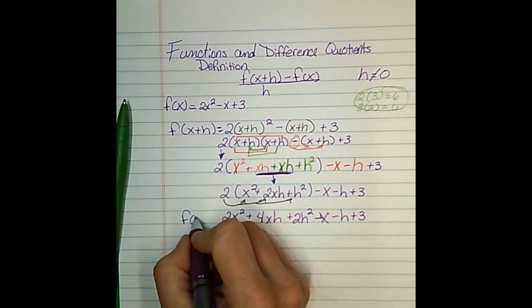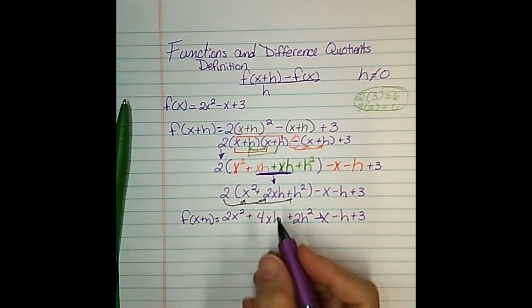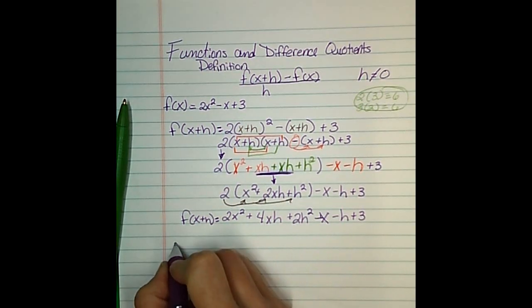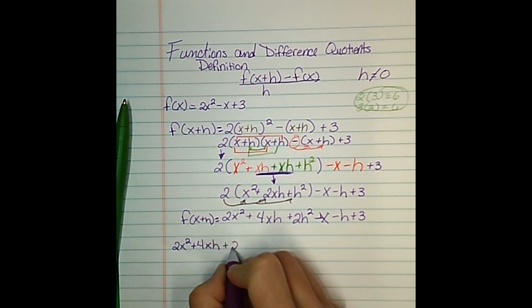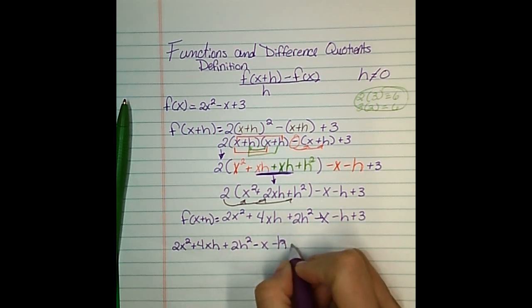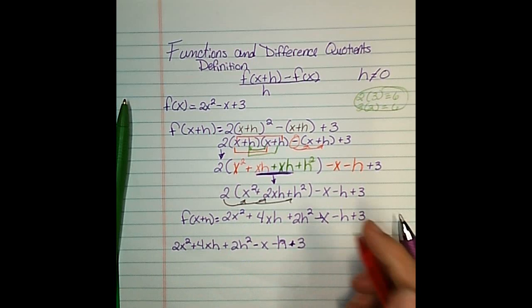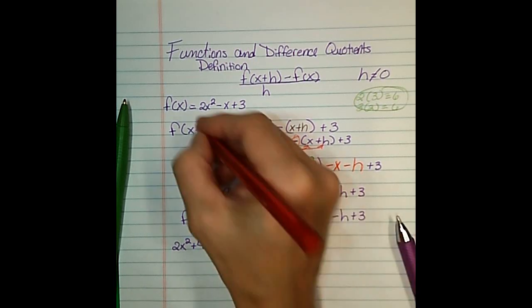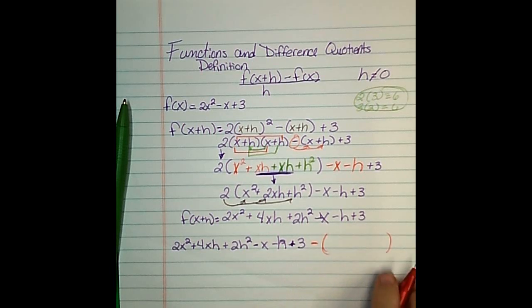So now that I know what this is, I can go ahead and apply this definition. I have 2x squared plus 4xh plus 2h squared minus x minus h plus 3, and it's going to be minus the original function, the f of x function. And what is the f of x function?